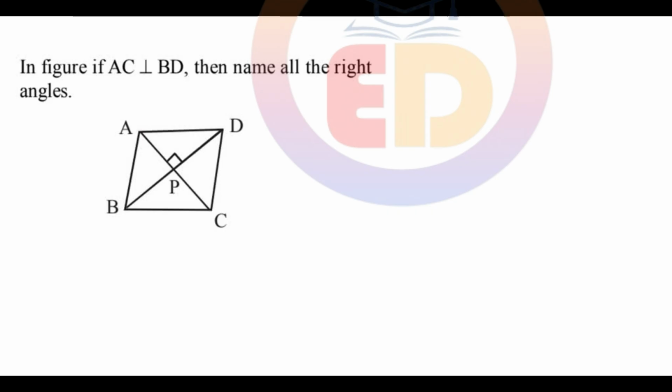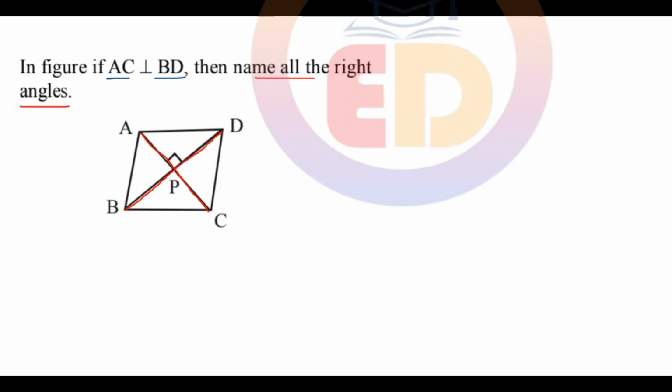Question says in the figure AC is perpendicular to BD. Then we have to name all the right angles. We can see the line AC is perpendicular to the line BD. So basically they are talking about the two diagonals.